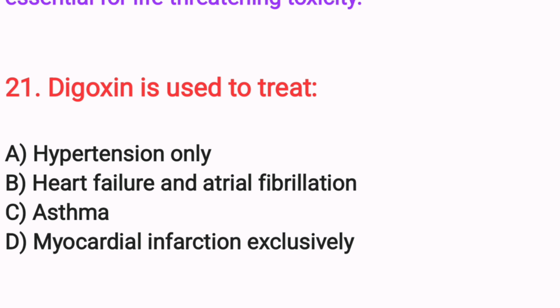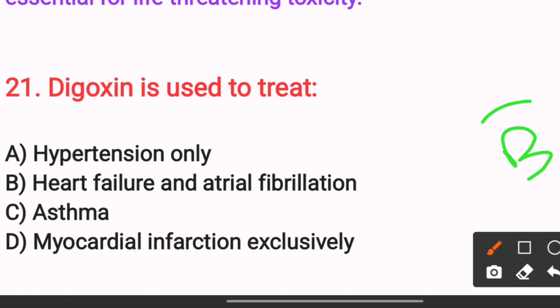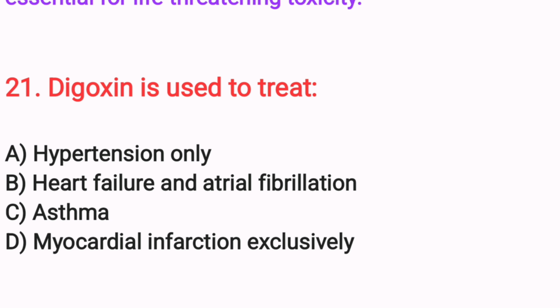The answer is option B, heart failure and atrial fibrillation. Digoxin increases the contractility and slows the AV conduction, usually used in heart failure and atrial fibrillation. So the answer will be option B.